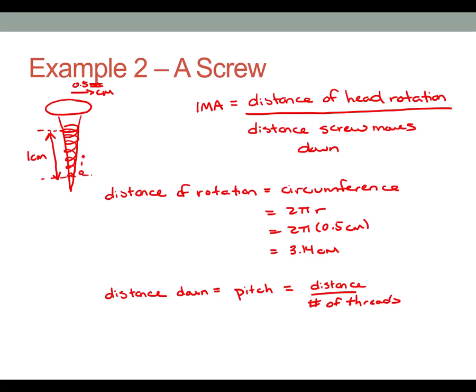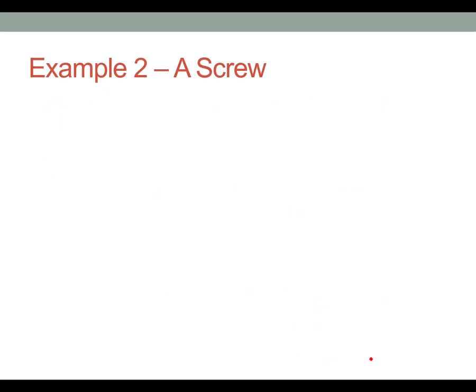I have 1 centimeter of distance on my screw, and in that centimeter, I have 6 threads. So my pitch is going to be 1/6, which is 0.167 centimeters.